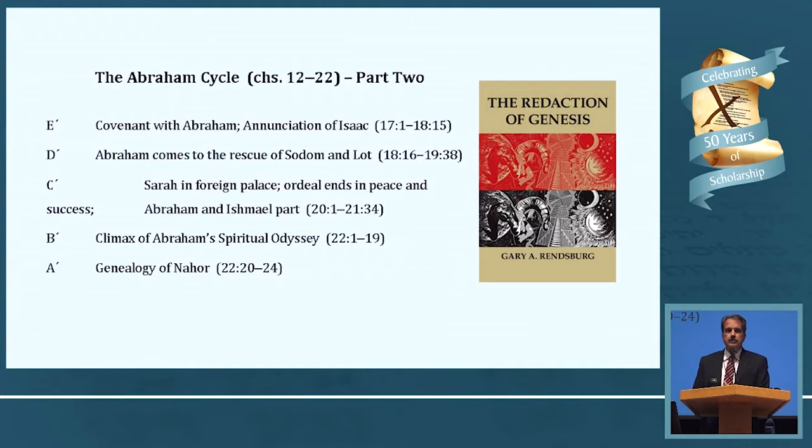So the biblical tradition is part of that, right? So I can't match up for you the birth of Ishmael in 16 and the birth of Isaac in chapter 21. What I can do is show you that the Annunciations match up, and that, of course, tells us something about the way the ancients, including the Israelites, thought of this material.